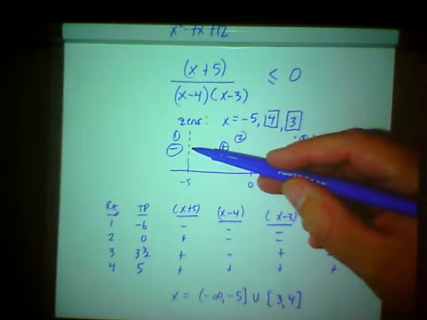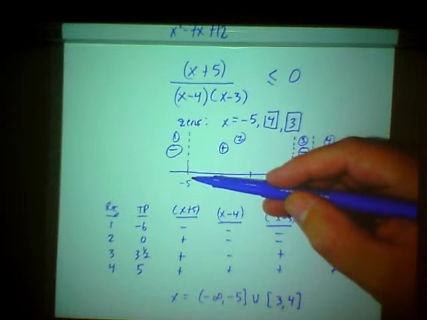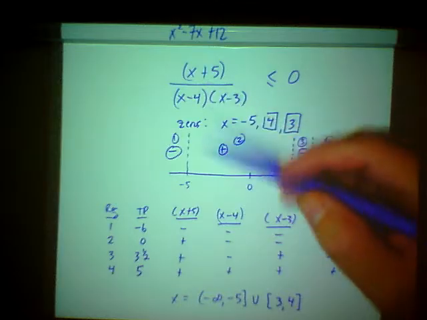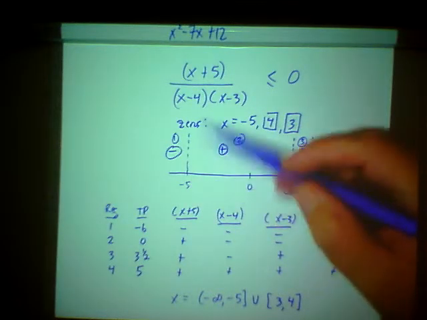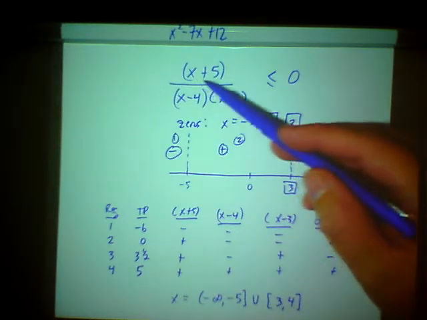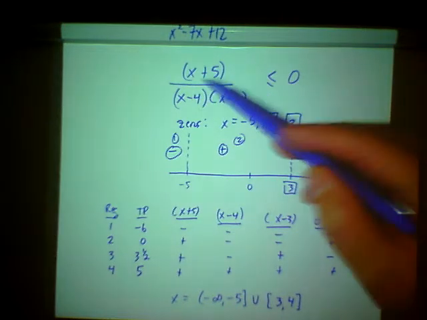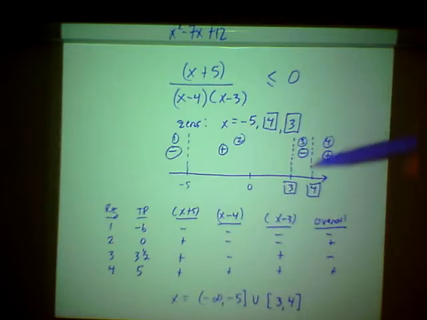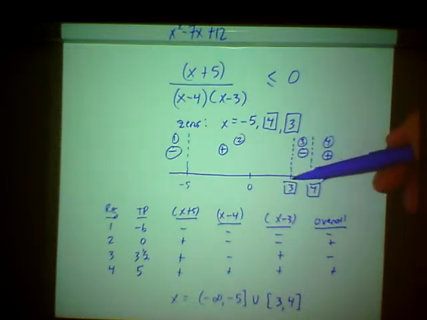-5 is a boundary point, and that boundary point came from a factor in the numerator. If x is -5, then yes, indeed, this whole thing equals 0, because you have a 0 in the numerator. However, if I look at my other zeros, 3 and 4, what if x is 3?